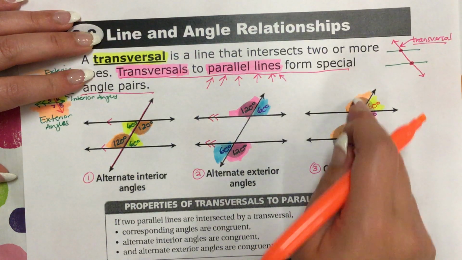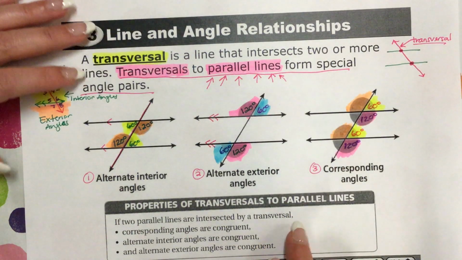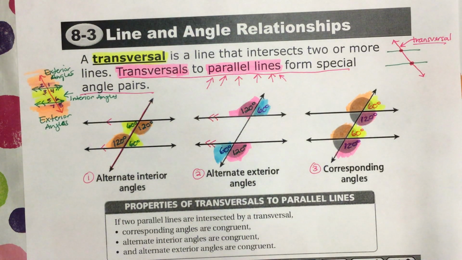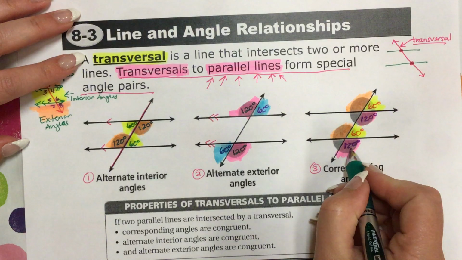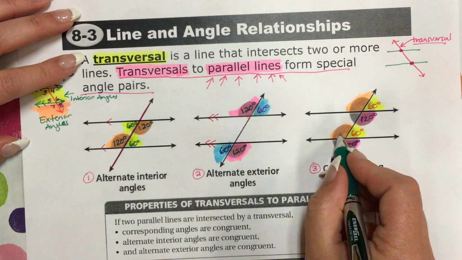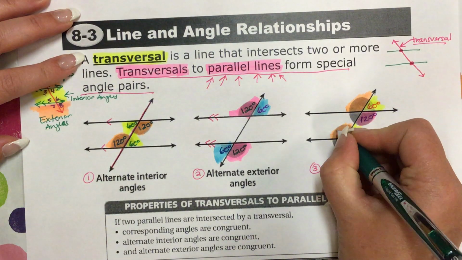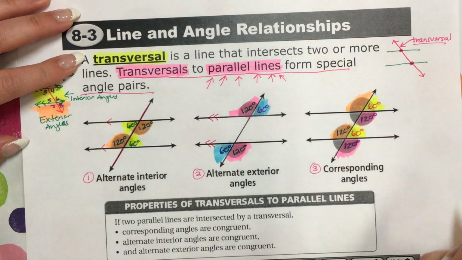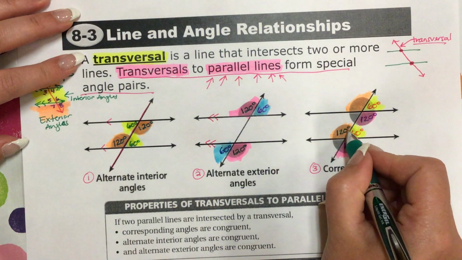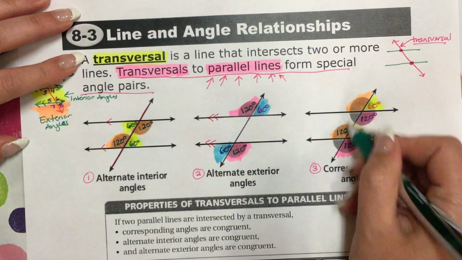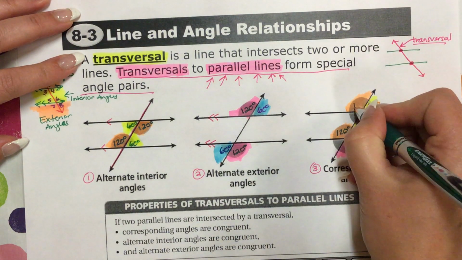These are corresponding angles. And the cool thing about it is if we know this one right here is 120 and they're intersecting, because of vertical angles, this is also going to be 120. Which means that its corresponding angles are the same.